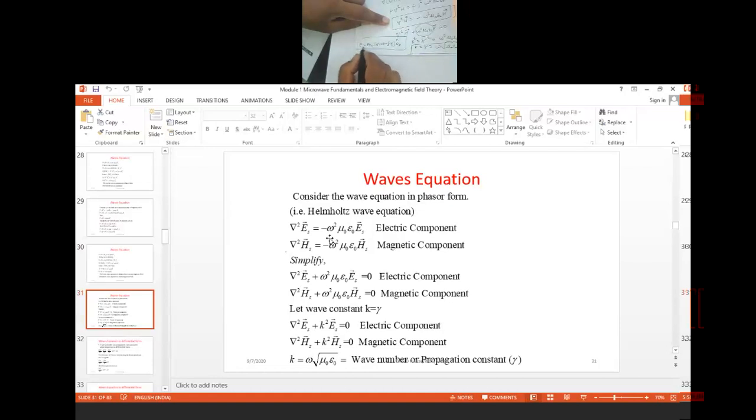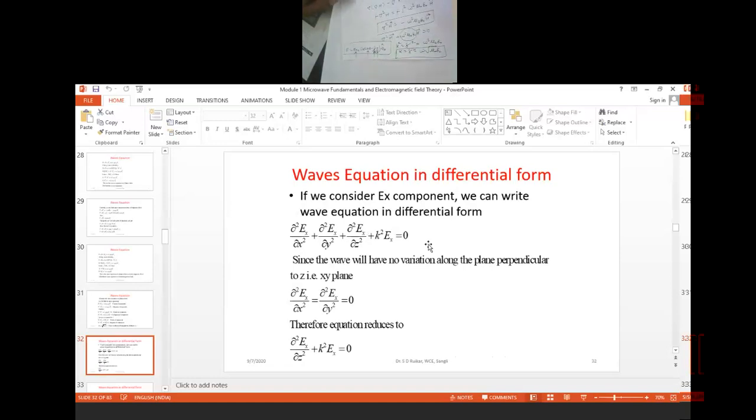Here Ex0 is the amplitude of the field component, omega t tells us about the period of the wave, and z is the direction of propagation of the wave, so this term is used to understand the field component.